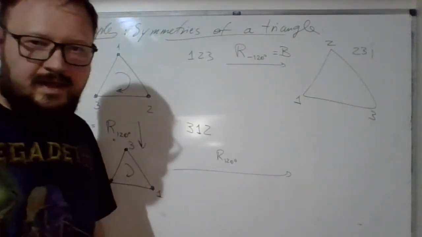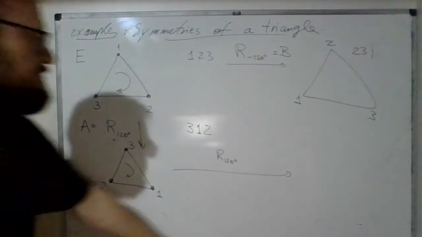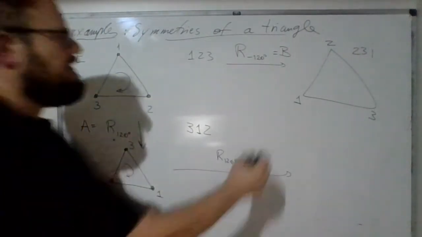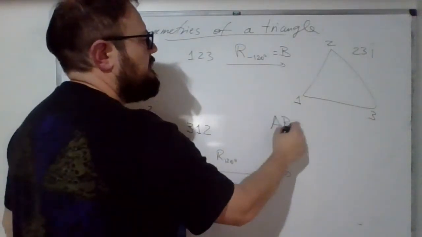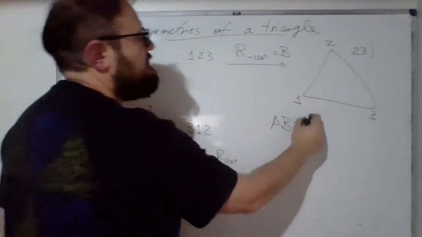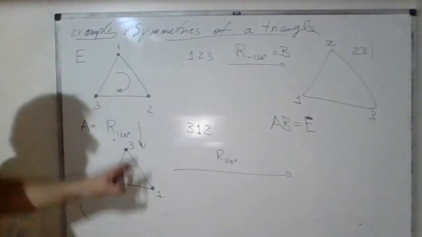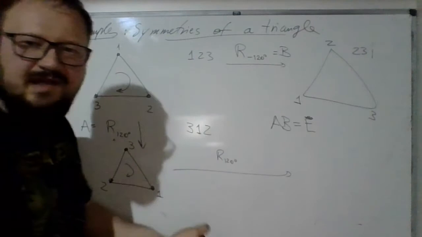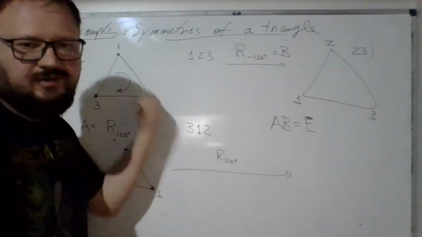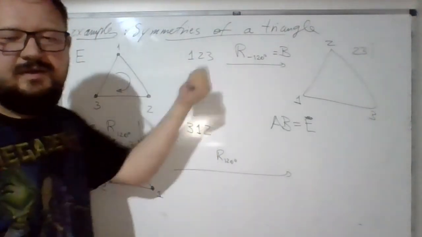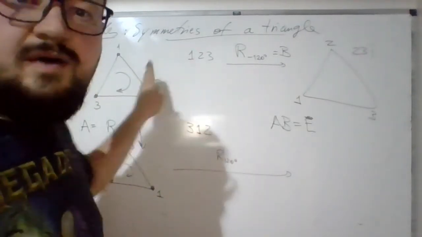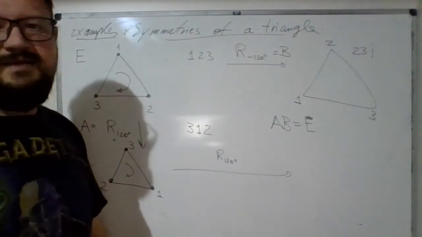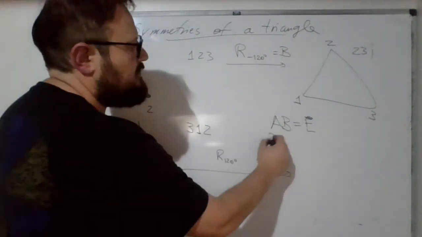All right. Also, you can perform other operations, but from here you can see that A times B is equal to the identity. So if you rotate 120 in the clockwise sense and then do the reverse rotation, you just put your object into the original state. All right, so A times B is equal to the identity. Of course, you can do the opposite way.